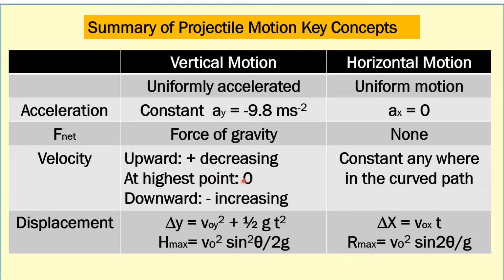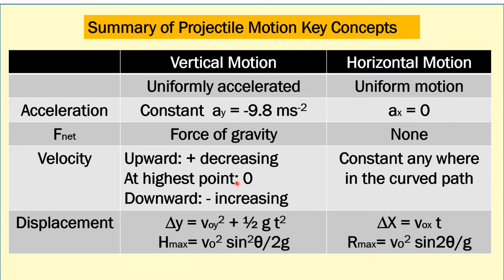The instantaneous speed or velocity of a projectile along the y, we usually denote by the symbol v sub y. When the body reaches the highest point of its trajectory, the vertical component of the velocity is in fact equal to 0.